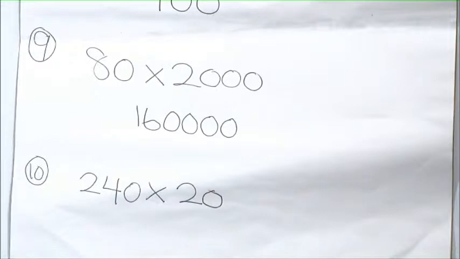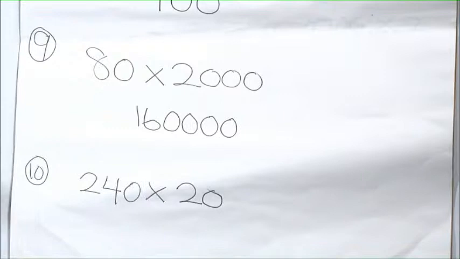Multiplying numbers by annexing or adding 0 or zeros. 240 times 20. How are we going to do it?